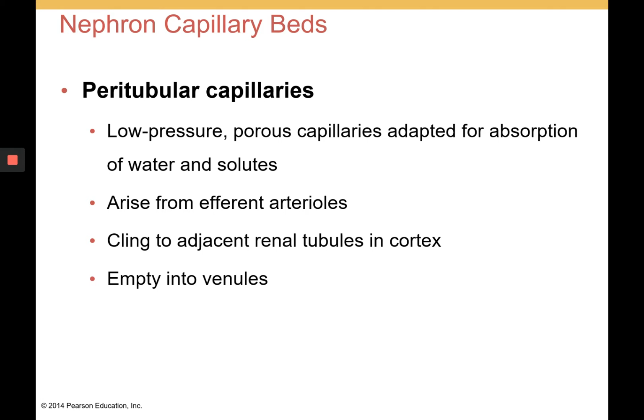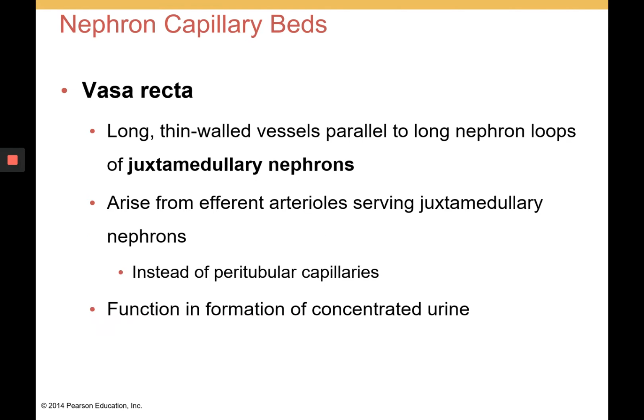They do arise from the efferent arterioles and cling very well to the renal tubule itself. And they empty into venules, specifically the cortical radiate vein. The vasa recta are a little different. They're long, they're thin-walled, and they're parallel, kind of like a network, to the nephron loops of juxtamedullary nephrons. They do arise also from the efferent arteriole, but only of the efferent arterioles that serve juxtamedullary nephrons.